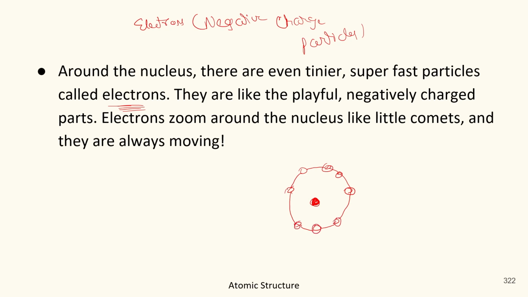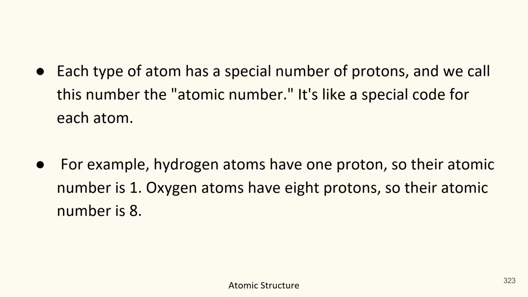If this is a nucleus and this is the electron, it is revolving in a particular orbit, or you can say a particular shell. Got it? So now let's move forward.